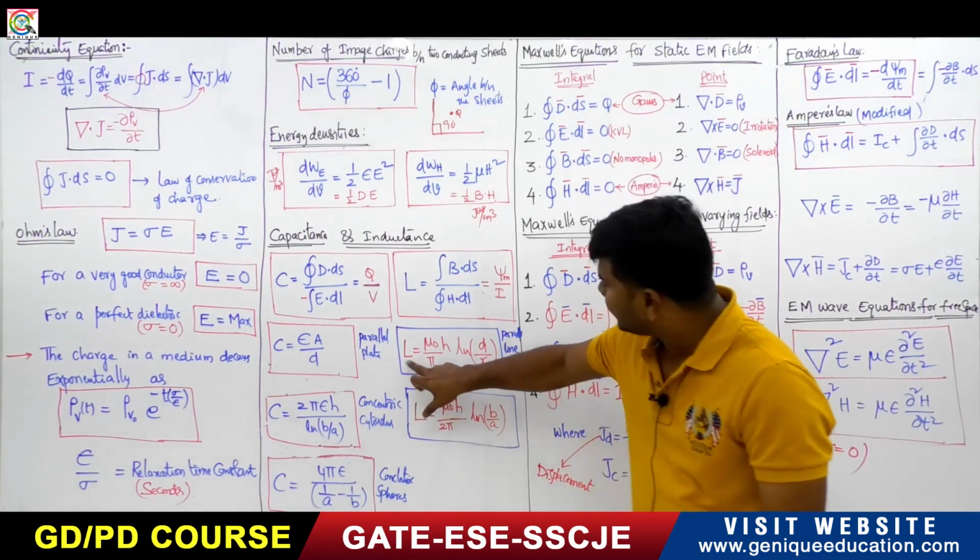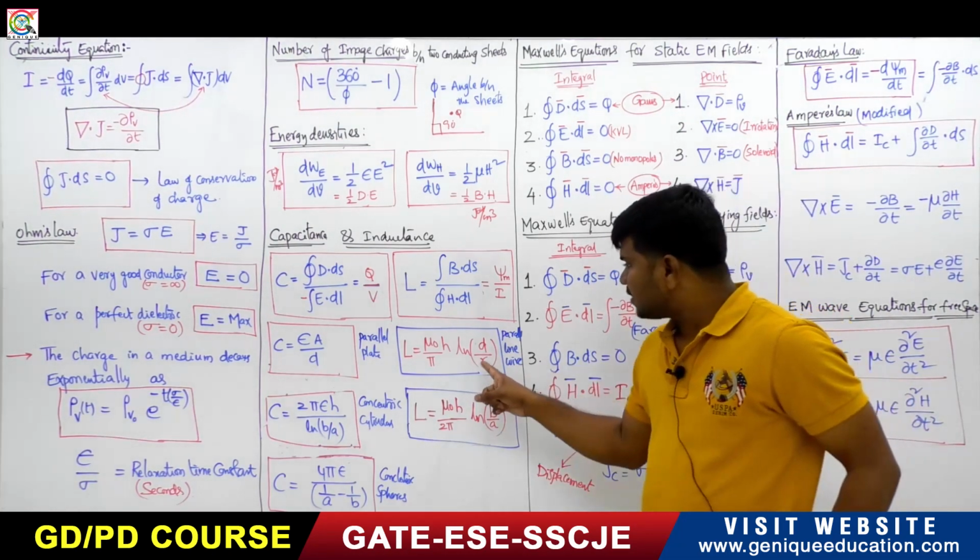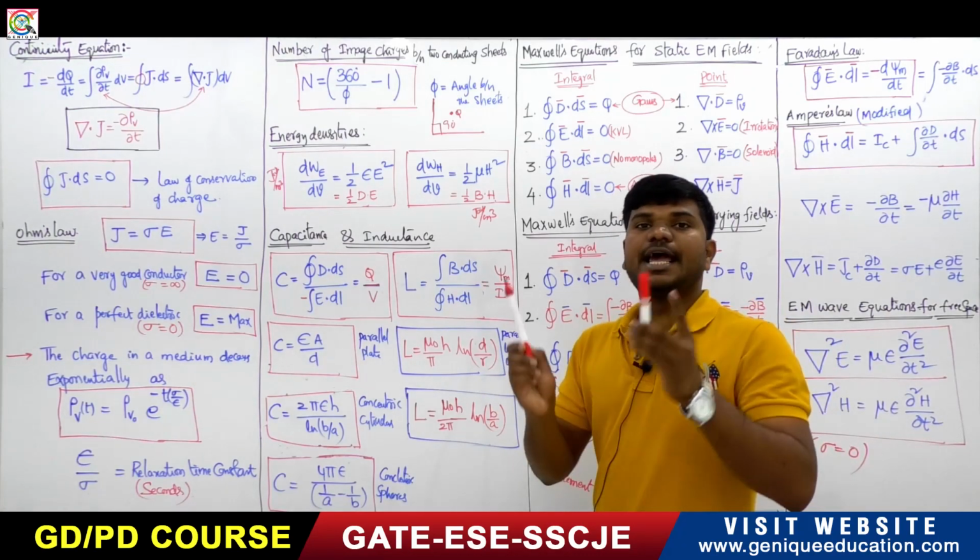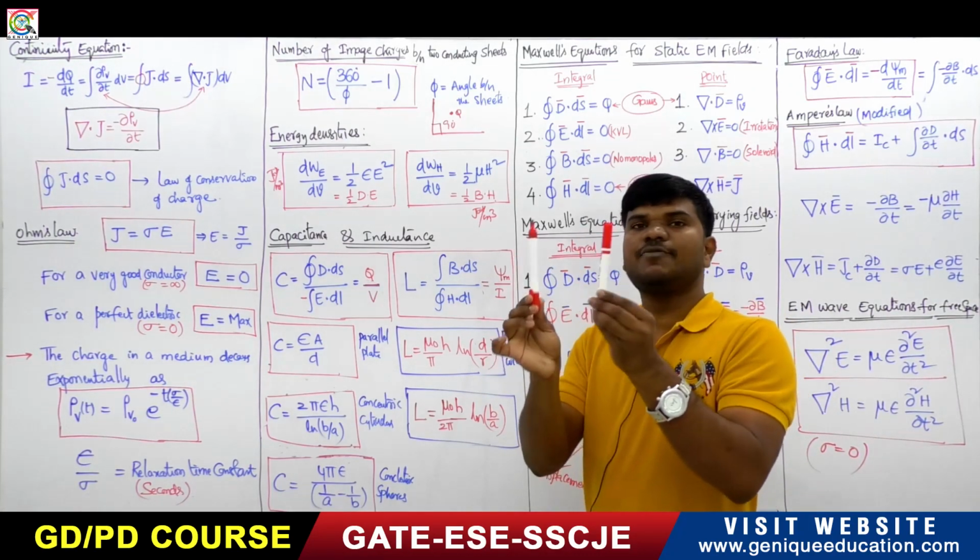So it is the inductance of a parallel line wire.